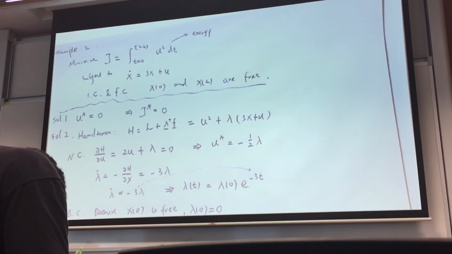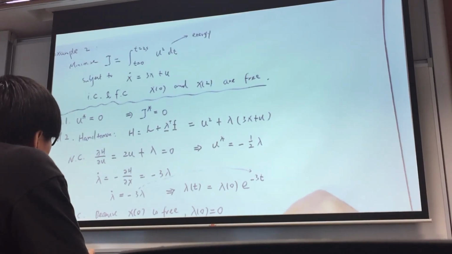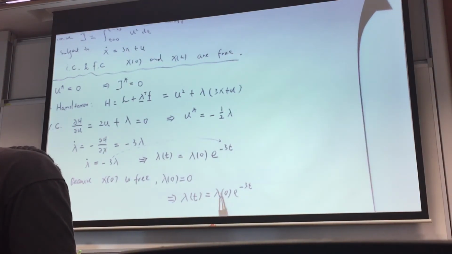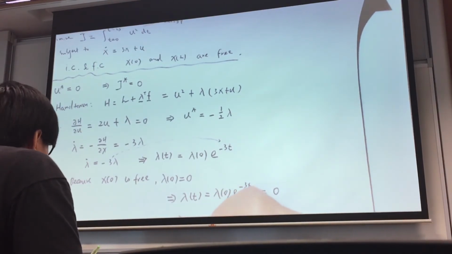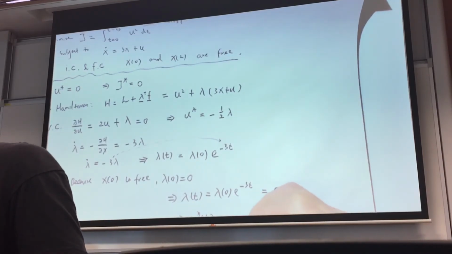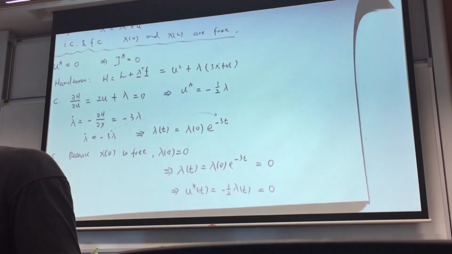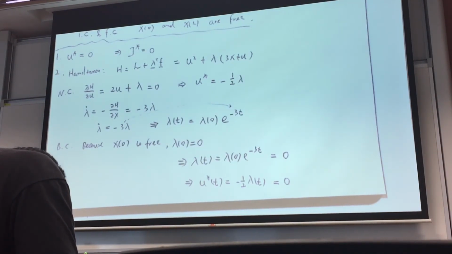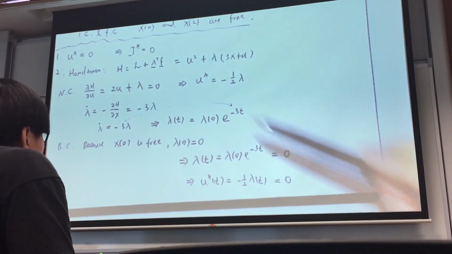So we have lambda t equal to lambda 0 multiplied by e to the minus 3t, and lambda 0 equal to 0, so this equals 0. Then we have u star t equal to minus half lambda t, so this must be equal to 0.